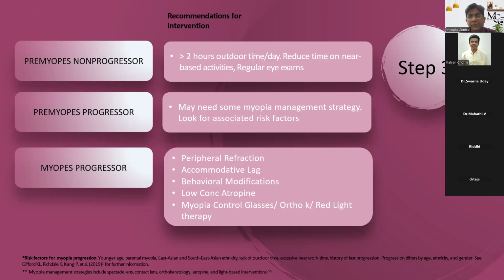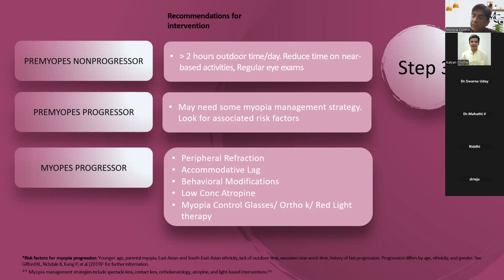And you can discuss it with the patient that he doesn't need glasses, but he falls into the pre-myopia category, and pre-myopia is the best category to intervene in, because if you can stop the patient from becoming a myope, that is the true service to society, because now you have stopped one patient from going into myopia. There are two major advantages of that. The future generations' load will not go up. That is number one.